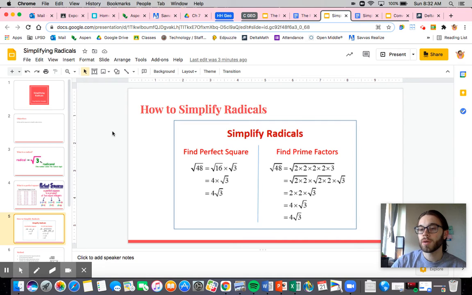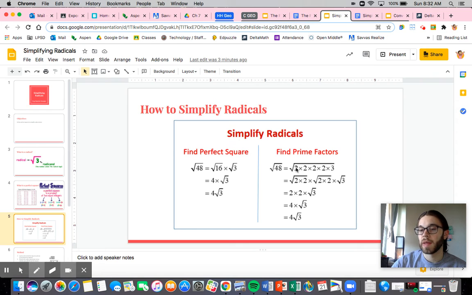All right. So there's two main methods of simplifying radicals. There's this first method with finding the perfect square, which I think is a little bit easier to follow for my personal tastes. The other one is to find prime factors, which is basically factor it into prime numbers like 2, 3, 5, 7, 13, so on and so forth.